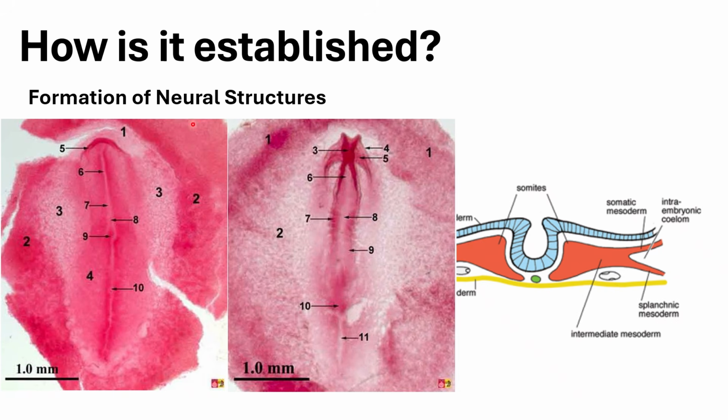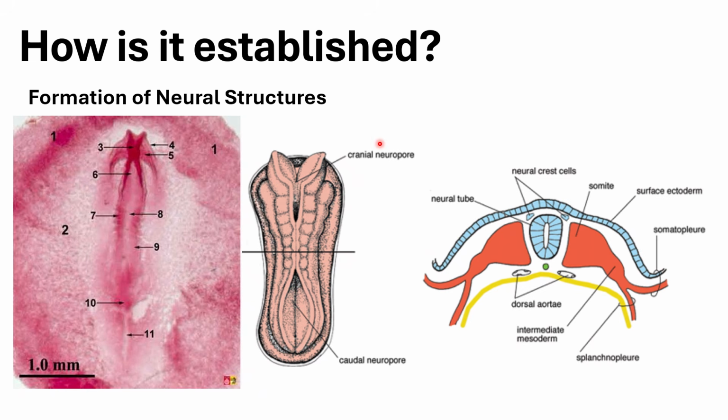And here you can see that first there's only a groove, eventually it will form folds. Okay, and these folds will eventually meet at the center to form a tube.